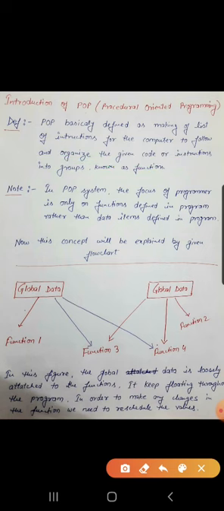In this type of programming language, our main focus is on procedures. We have to follow and organize the instructions into groups known as functions, and functions will help us to create our programs.